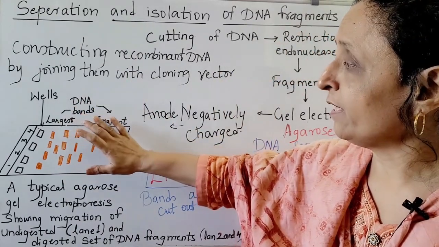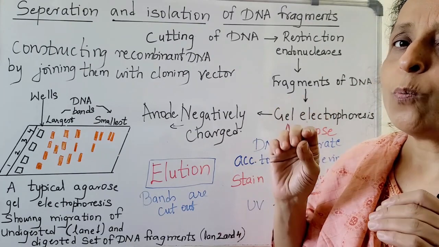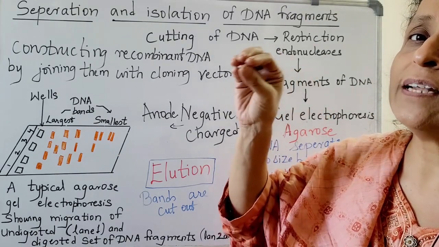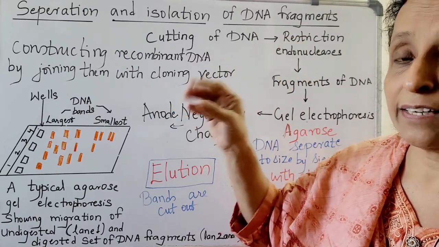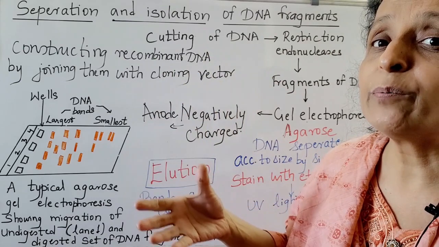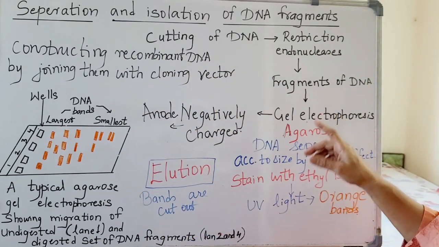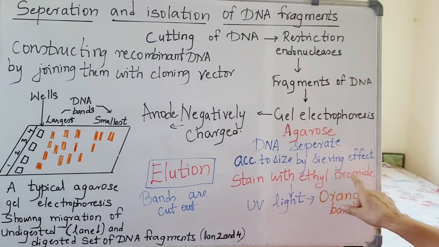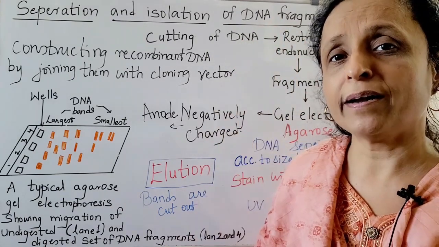You have DNA here in agarose gel, but you cannot see it. What you will do is you will dye it, you will color it, you will stain it. So which is the stain which is used? It is ethidium bromide. It has to be stained with ethidium bromide.